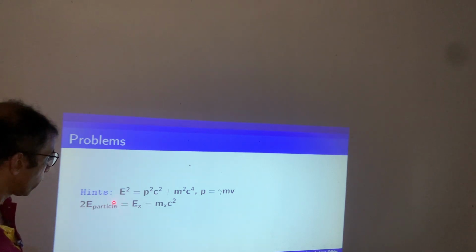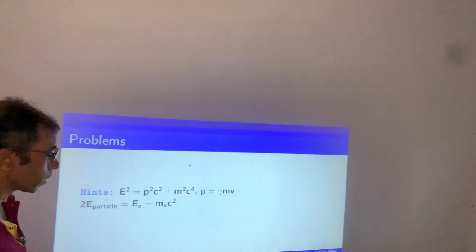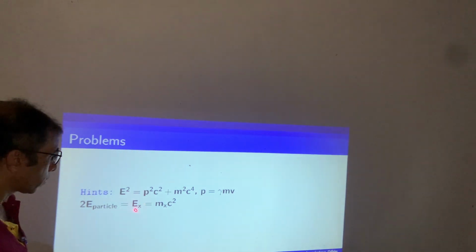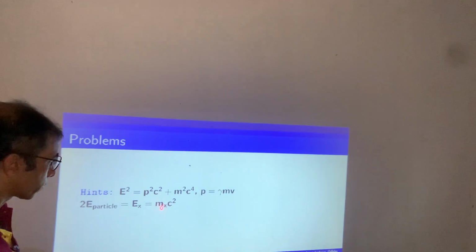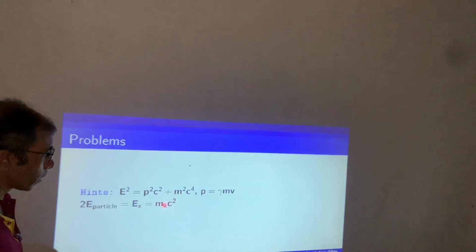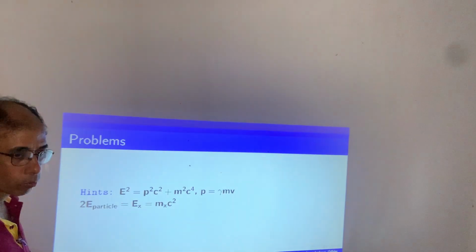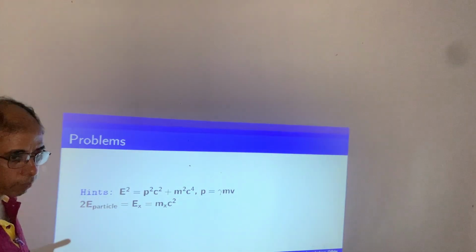Here E is the energy of each particle. Particle and antiparticle will have the same energy. So 2 times E will be the energy of the particle X, and the energy of the particle X is mx c square, because it has no momentum. Momentum is 0. You have to find out the minimum velocity required.